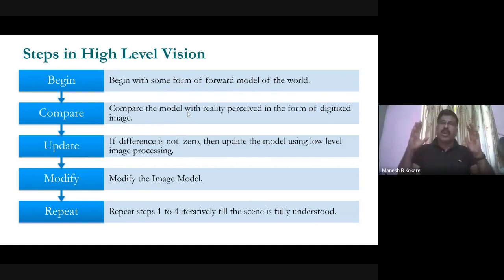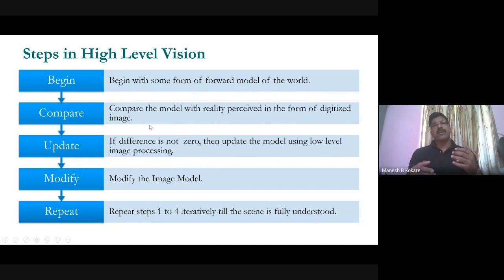So how long do we have to do this? Unless and until the proposed model and the actual things are matching. And if it is matching, then we stop, and then we can use that for the required action, and so on. So begin with some form of model of the real world, compare the model with reality perceived in the form of a digitized image.